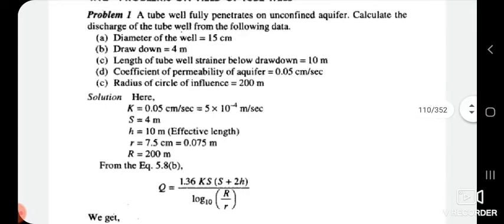Don't ask me where the small r 7.5 centimeters came from. That is from the diameter of the well, so it is the radius. And the radius of circle of influence is given as 200 meter.